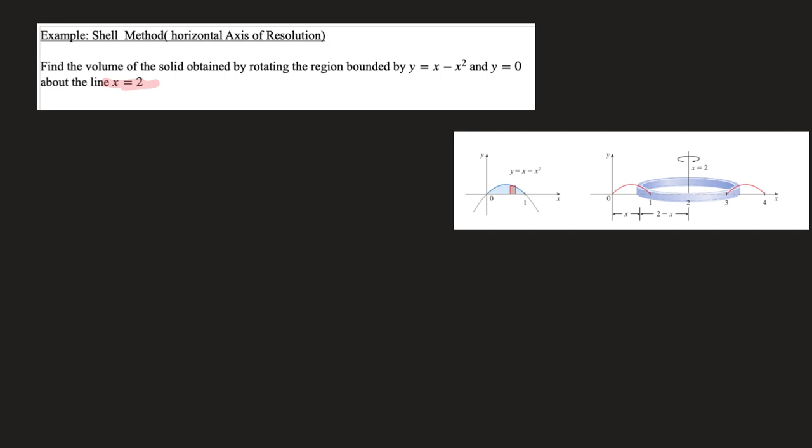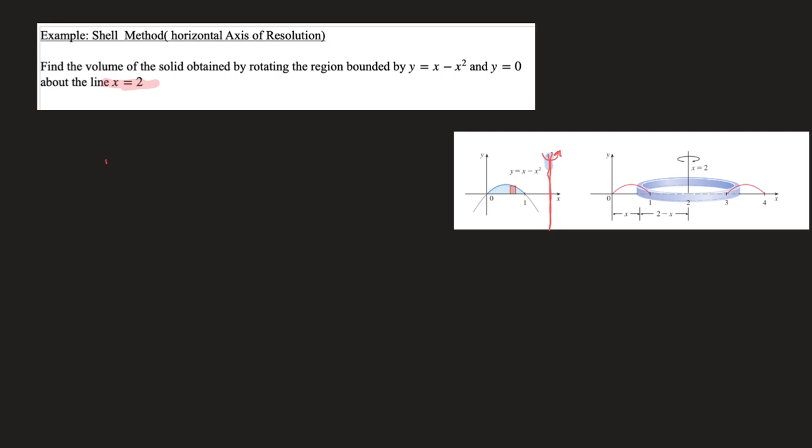So here, we're given the region y equals x minus x squared, that's the region. y equals 0 is the x-axis, rotating about x equals 2. x equals 2 is drawn right here, that's the vertical line. So we're going to rotate this parallel to the y-axis, so we're going to use the shell method.